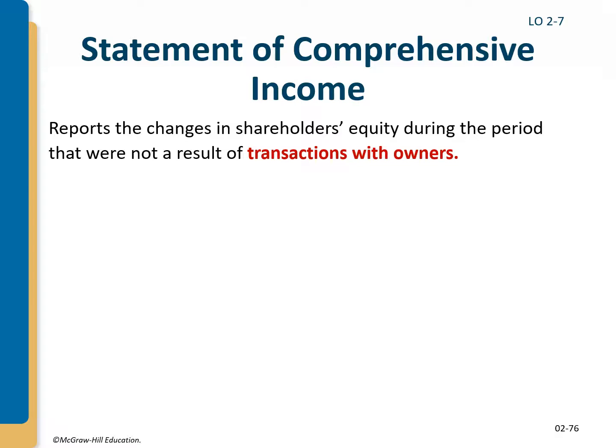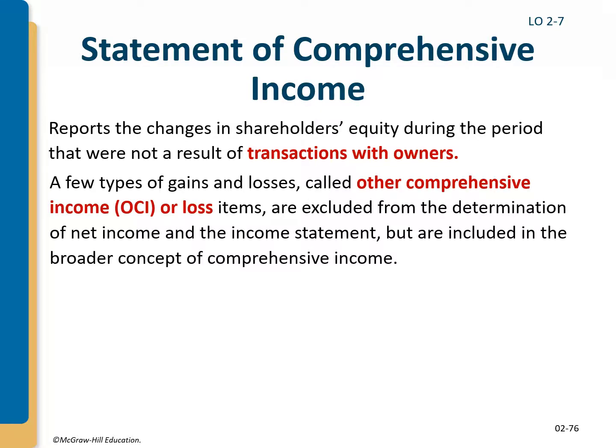They're not transactions with the owners. So the buying of stock or treasury stock and selling of treasury stock or regular stock, common stock, preferred stock, and the payment of dividends are ignored.